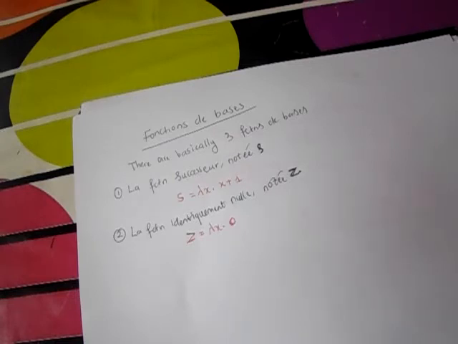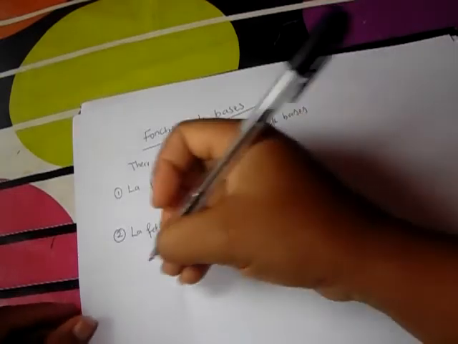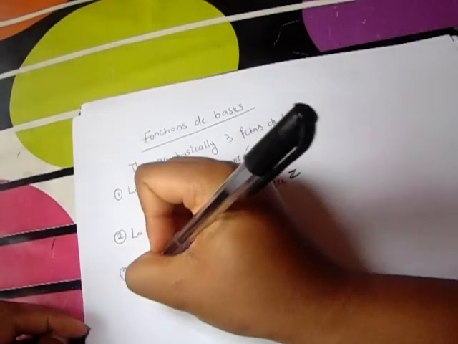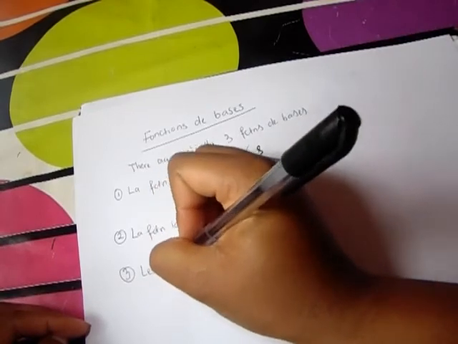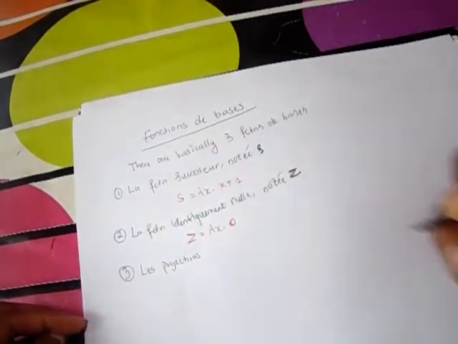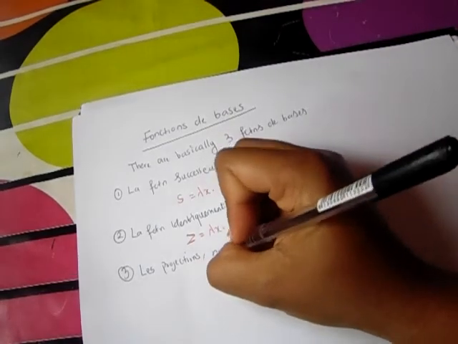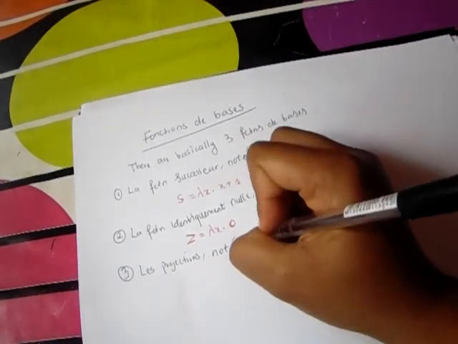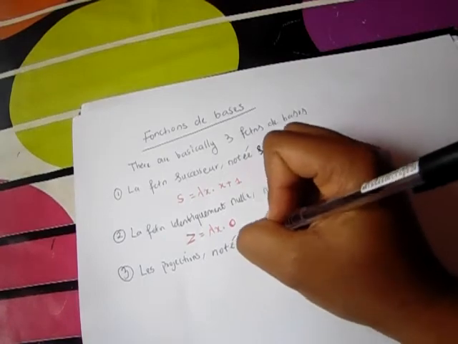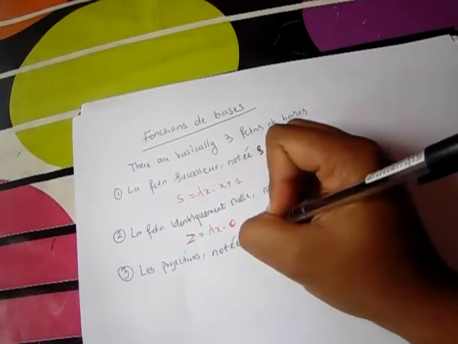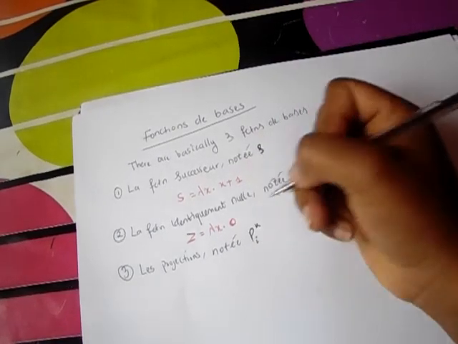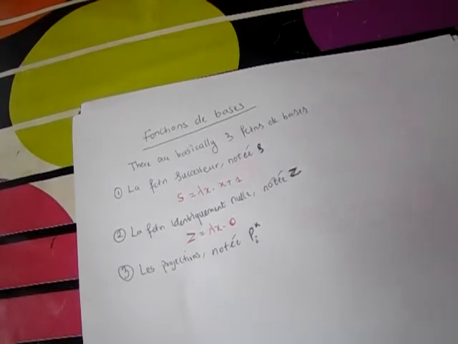So the third base function is the one we call the projection. The third one, the projection, and we note it as this might be looking a bit weird, but I'll explain it.